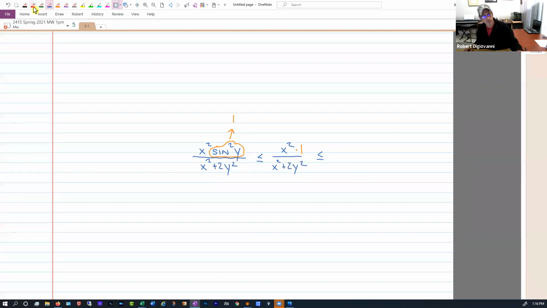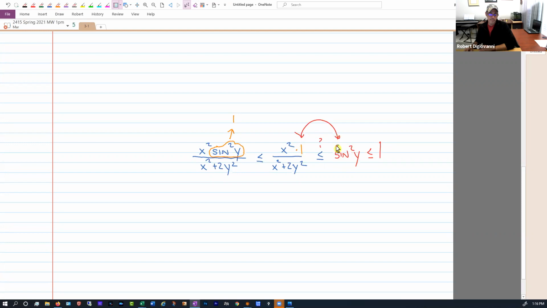So what you're saying is we could put this maybe, right? I agree that that's less than or equal to 1, but that doesn't tell me about the relationship between these two. This could be less than 1, but this could also be less than 1, but there might be times where this is bigger than this one.